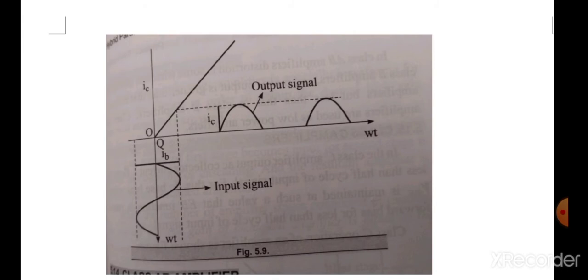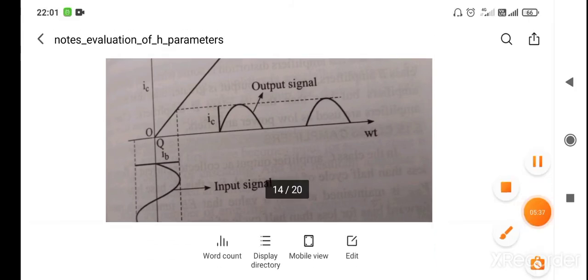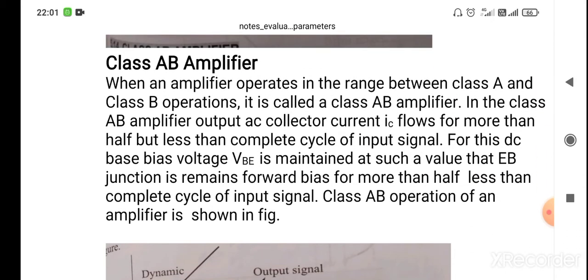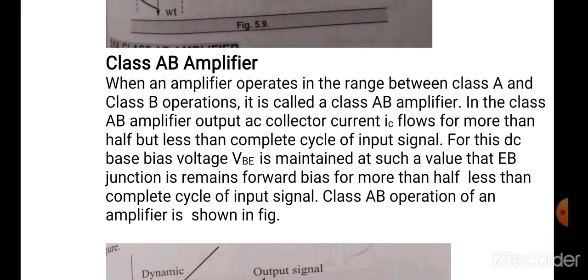Then we discuss the Class AB amplifier. Obviously, a Class A amplifier operates for the full cycle and Class B operates for the half cycle.